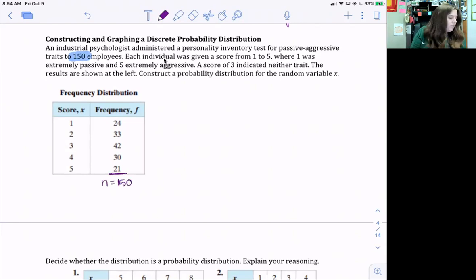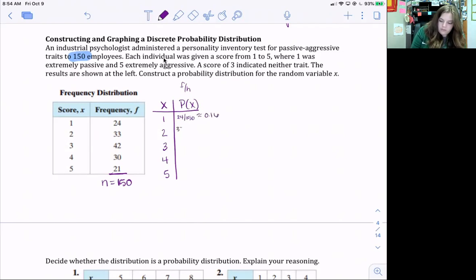Okay, so to make our discrete probability distribution table, we're going to bring over all of our x values. And we're going to find our relative frequency or our probability. Okay, so F divided by N. So on our first one, 24 divided by 150. Okay, well, that's approximately 0.16.